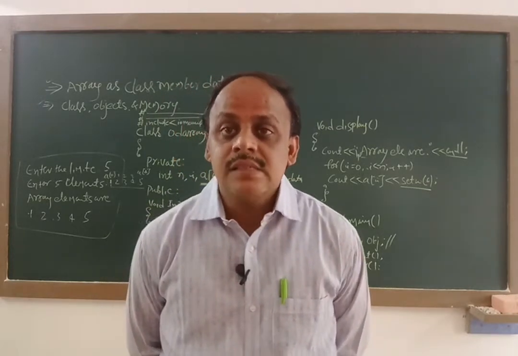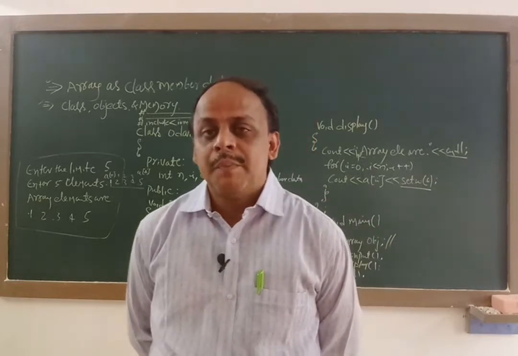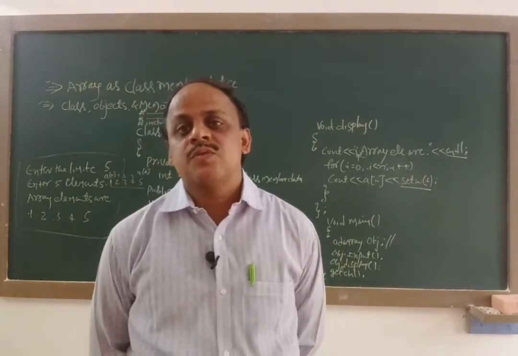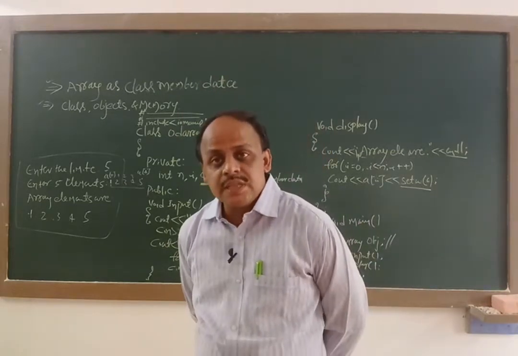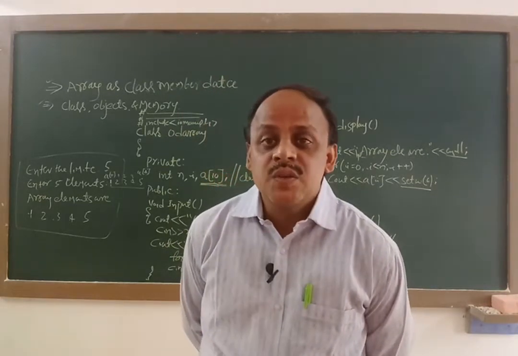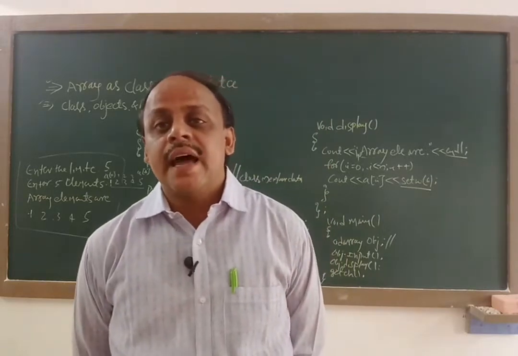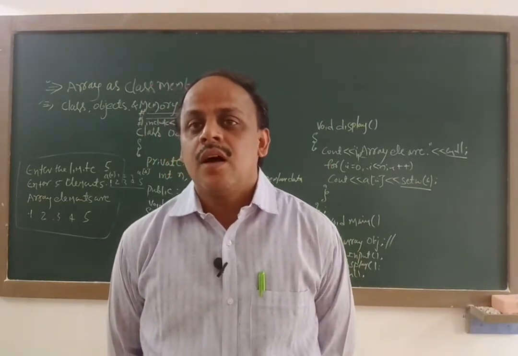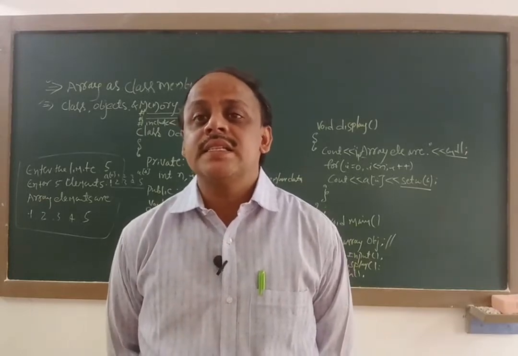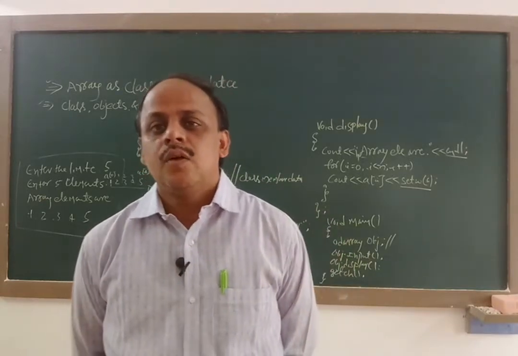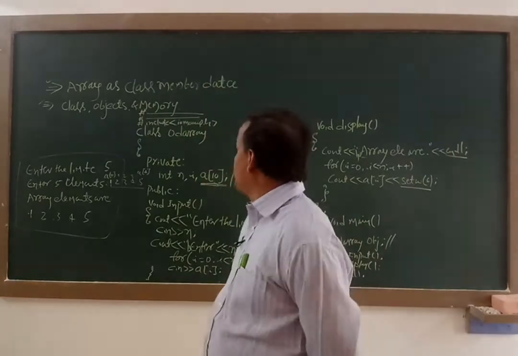It contains member data, member functions as well as objects, right? What is an object? Class variables are referred to as objects or instances of a class. Objects are also called instances of classes.